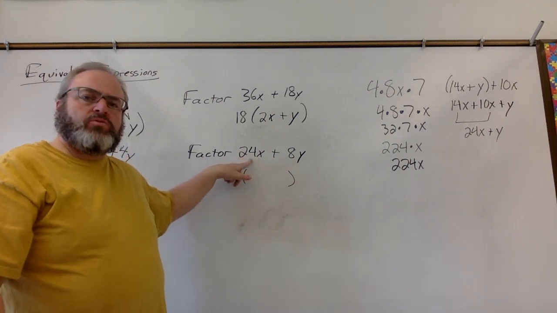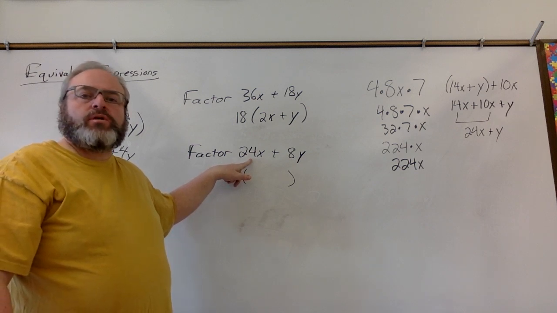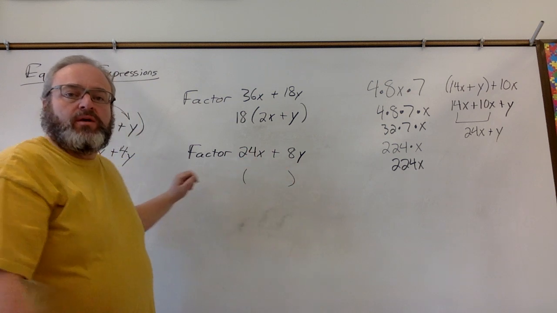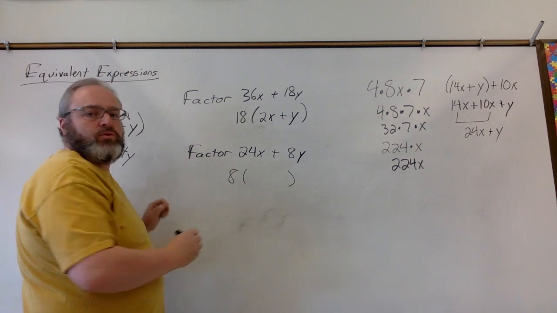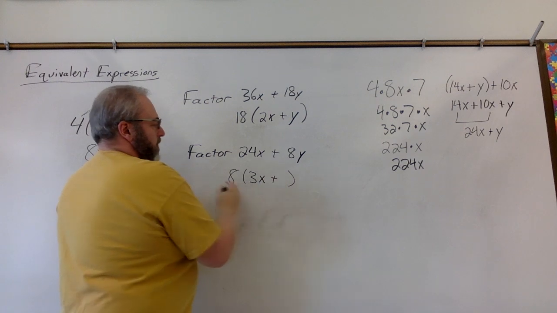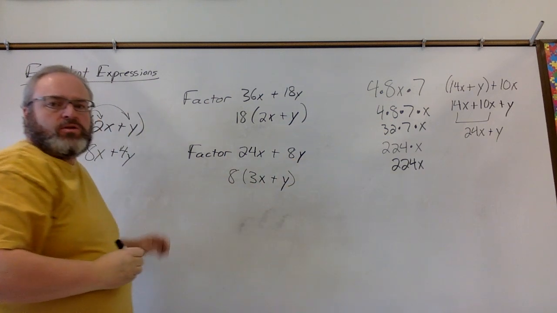Well, what's the largest number we can think of? Because certainly 2 will go in, 4 will go in. How about 8? 8 works. 8 goes right here. 8 times what is 24? 3x plus 8 times what is 8? 1. 1y is just y.